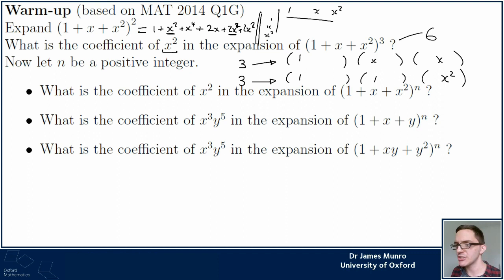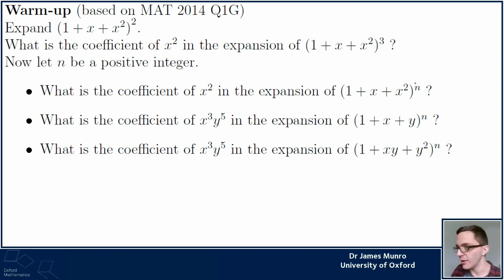Okay, for the rest of this question, we're going to let n be a positive integer. So now we're going to think about what happens in the general case as we go up to (1 + x + x squared) to the power of n, and then I've got some extra bits as we slowly move towards that math question. But this idea of different combinations of how we select terms from those brackets is how I'm going to do the next part of this question as well.